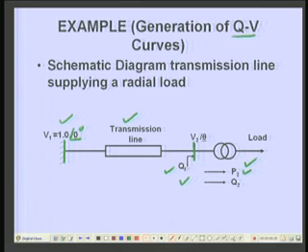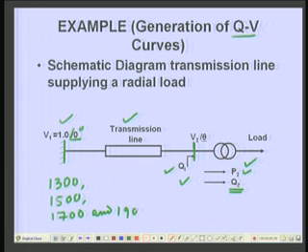For this example, the loadings considered are 1300, 1500, 1700 and 1900 megawatt.